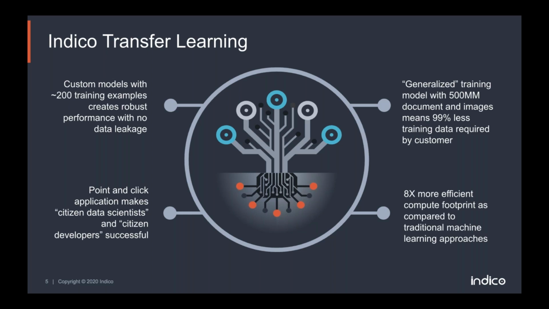AI is very computationally greedy and expensive to deploy. Transfer learning allows us to do that at about an 8 times more efficient rate than traditional machine learning stacks. So transfer learning underpins, I should say, the whole application that you're going to see here as Sasha walks you through all of the great advancements we've brought to the table, as well as what Chris will show you in terms of Chatham's use of Indico IPA.